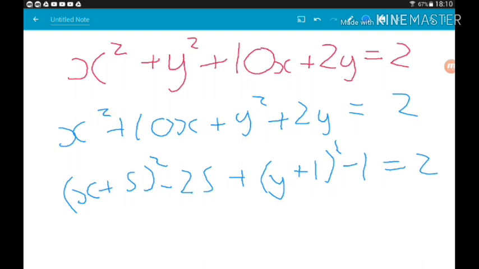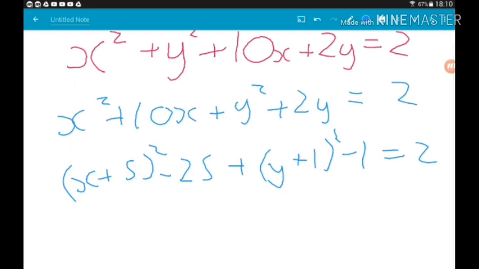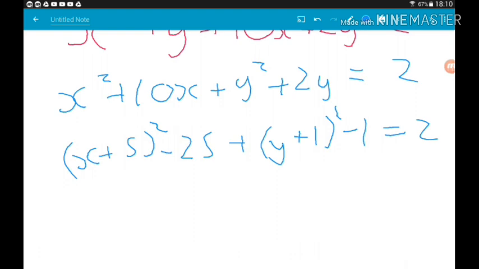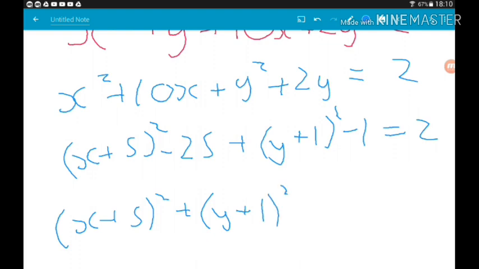So on the left we've got minus 25 minus 1, which is minus 26. So if we add that to both sides, we get x plus 5 squared plus y plus 1 squared is equal to 28.